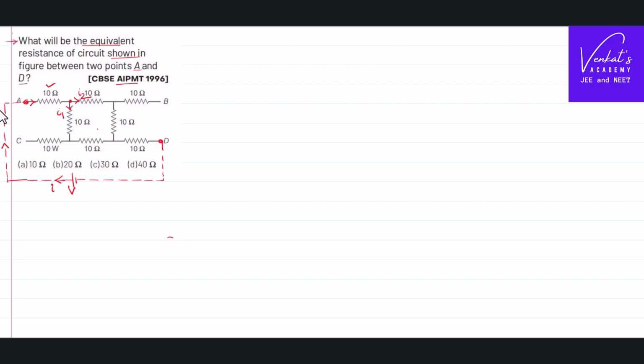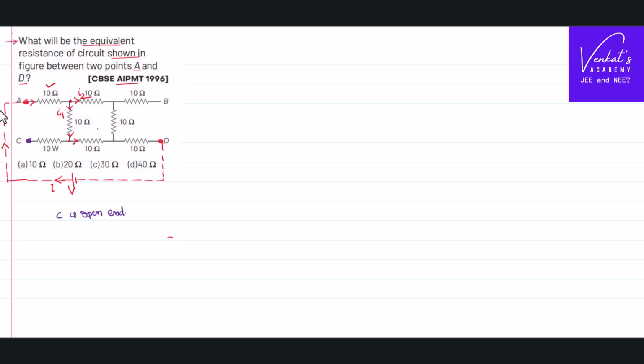That I1, after coming to this place, can go towards C or towards this 10 ohms. But if you look at the point C, it is an open end, not connected to any of the circuit.